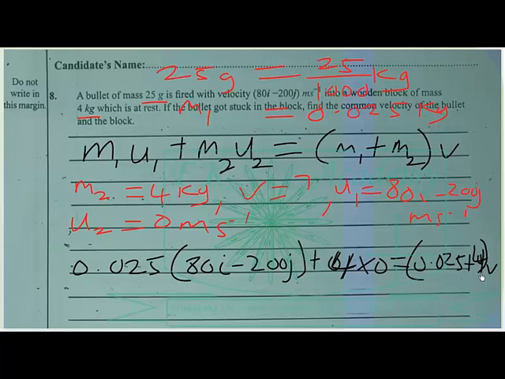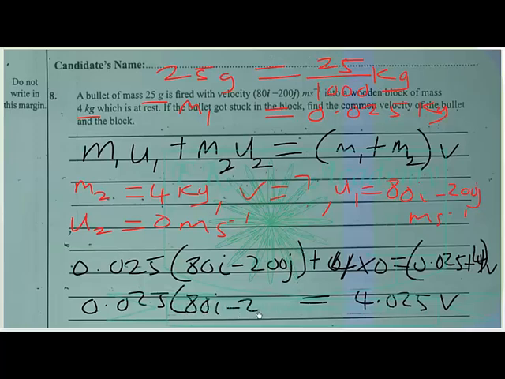So we can simplify this further to obtain 4.025 v is equal to 0.025 times 80i minus 200j.